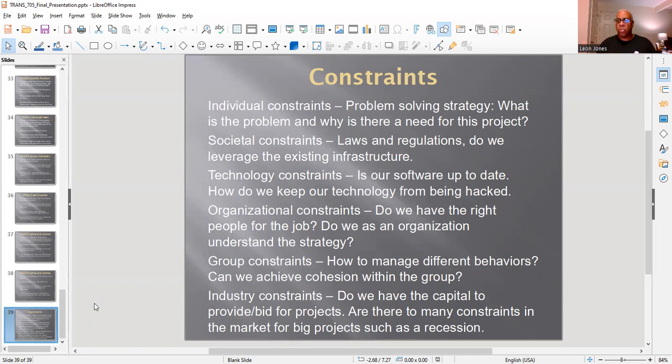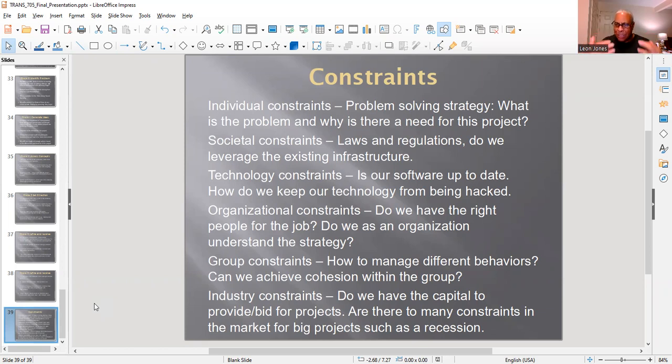You have the computer systems able to handle the computer aided drafting systems? And then what kind of system or software are we going to use to keep our technology from being hacked? Those are technology constraints. Now, organizational constraints. Do we have the right people for the job?